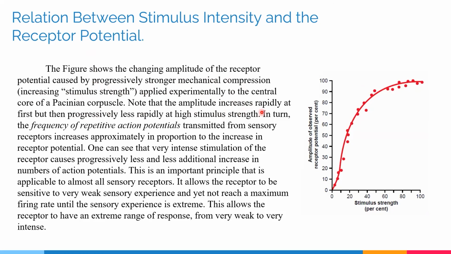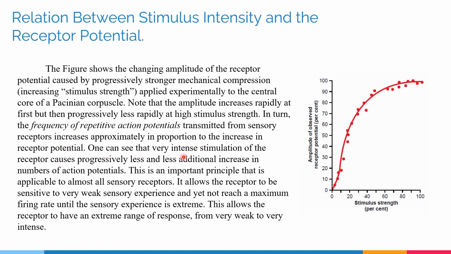Note that the amplitude increases rapidly at first, but then progressively less rapidly at high stimulus strength. In turn, the frequency of repetitive action potentials transmitted from a sensory receptor increases approximately in proportion to the increasing receptor potential.